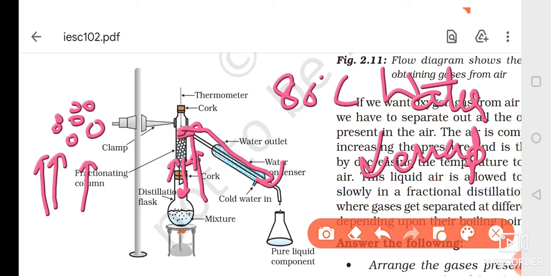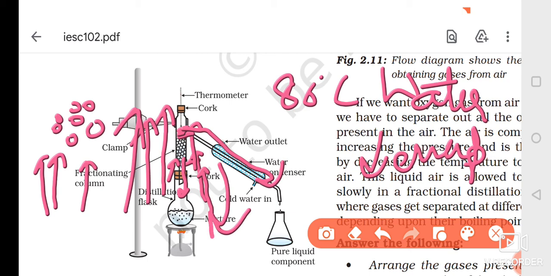In the case of alcohol, it is continuously getting the temperature of 80 degrees Celsius, so it will keep on moving up and up in the fractionating column. Whereas the water will move a little in the column and quickly condense, move a little again and quickly condense.